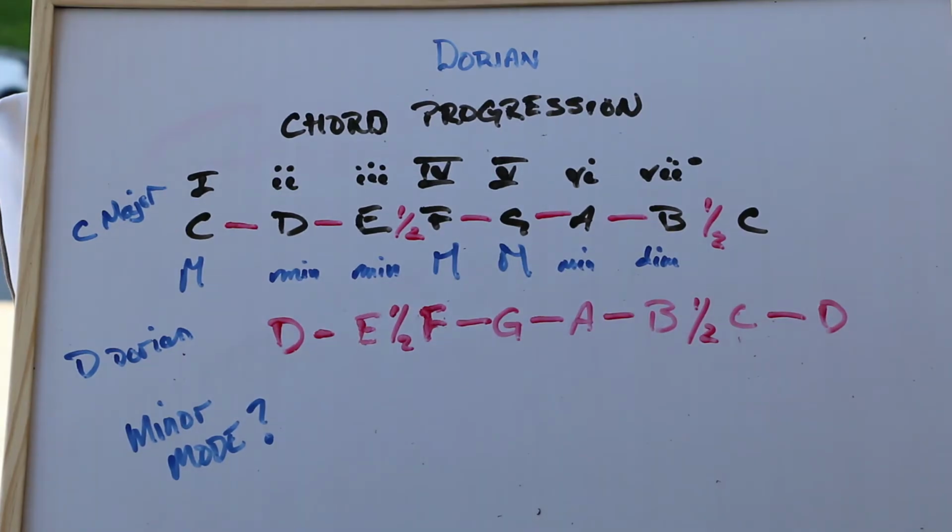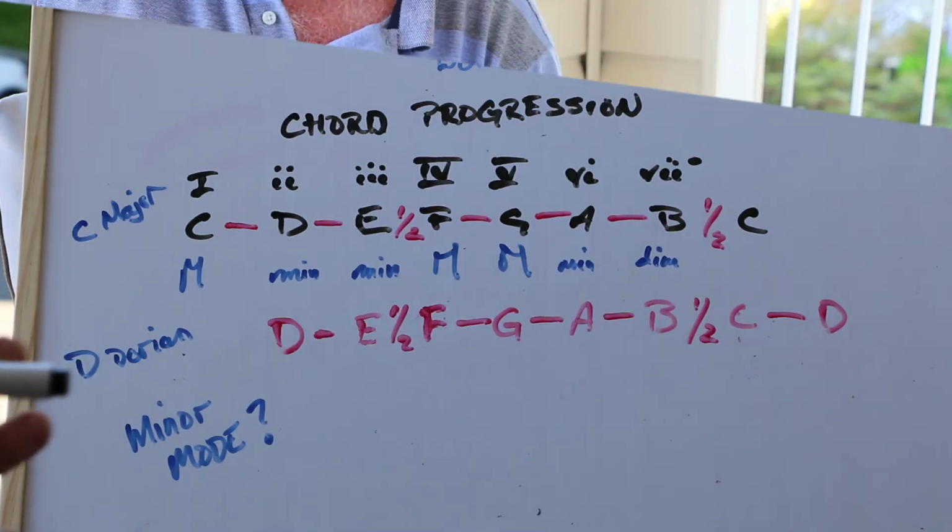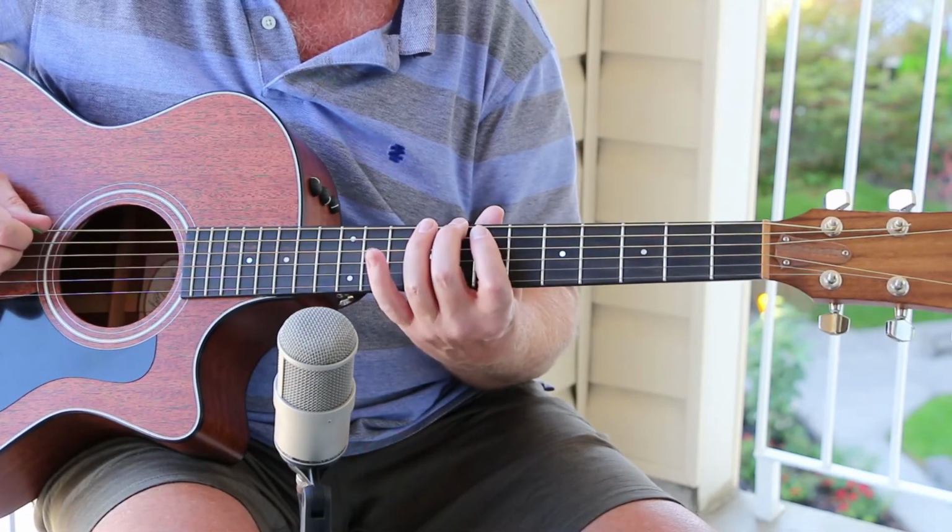Okay, now that we've talked about some chord progressions and that really the Dorian mode is just the 2 of a major scale, let's go and look at a C major scale so that we don't have to deal with any sharps or flats. Okay? All right, here we go. Here's our normal C major.